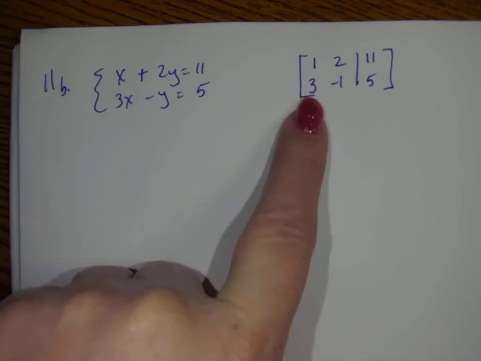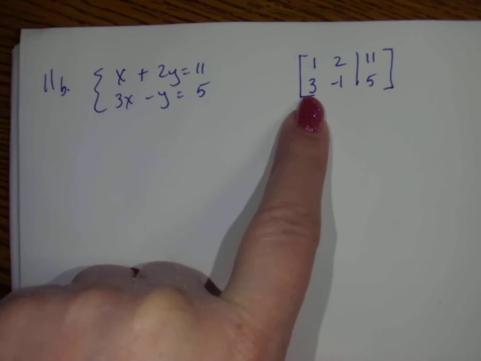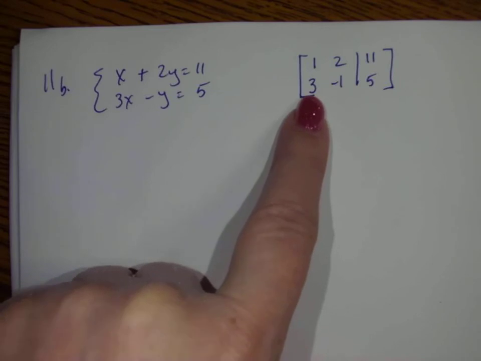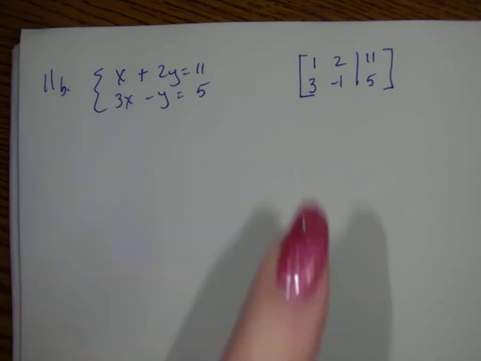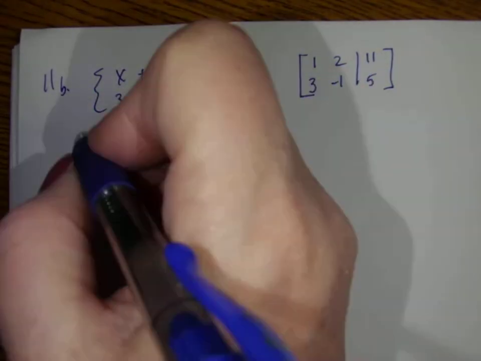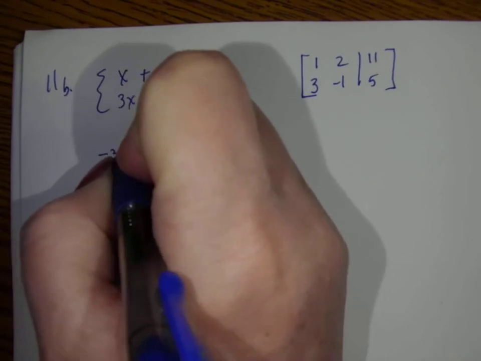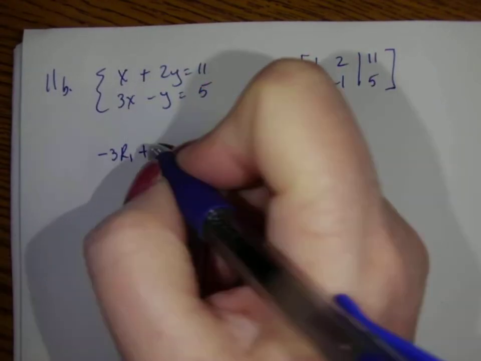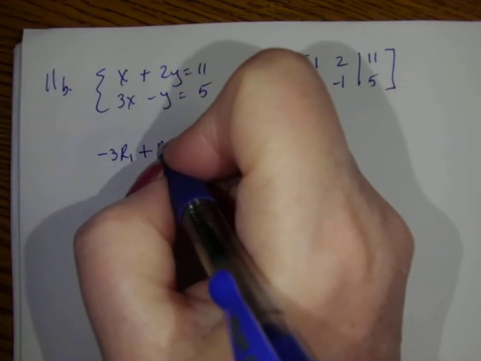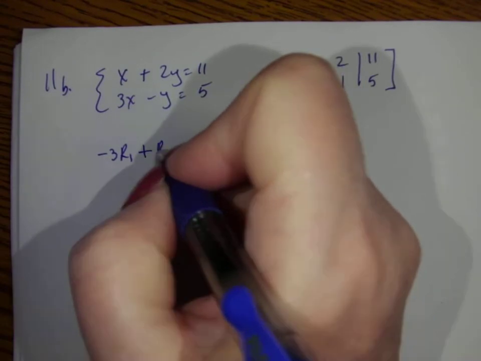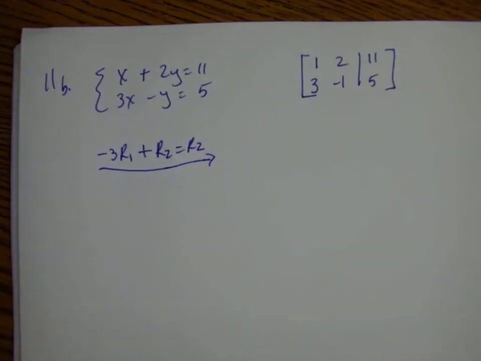Our second goal is to get 3 to become a 0. And the way to get 3 to be a 0 is to subtract 3. So to get a negative 3 to add to that, I'm going to multiply row 1 by negative 3. So negative 3 times row 1. And then I'll add that to row 2 to equal my new row 2.